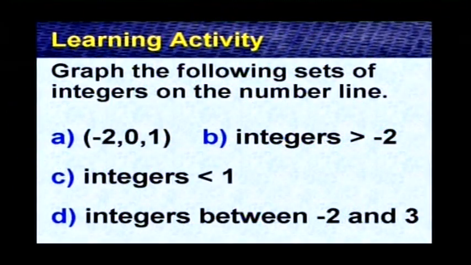We have a learning activity that we are going to do together. It says, graph the following sets of integers on the number line. We have A, -2, 0, 1.